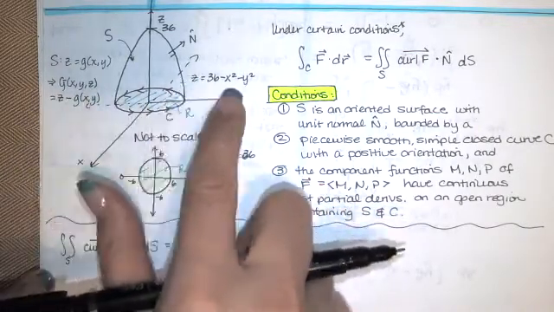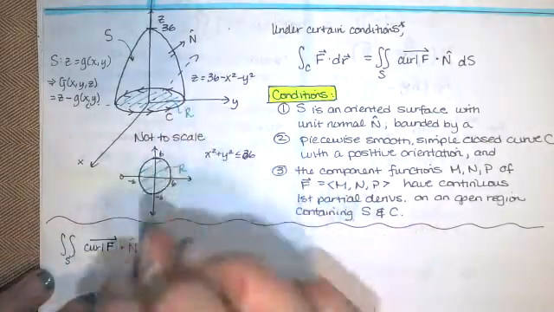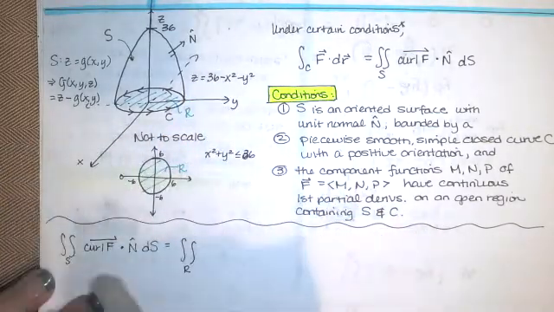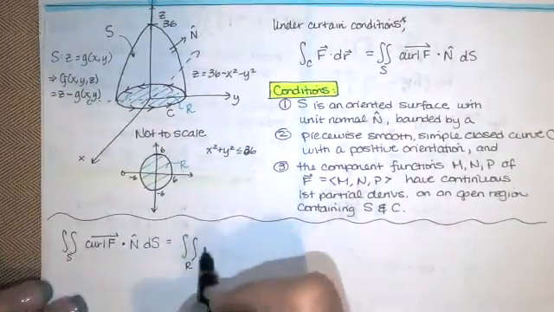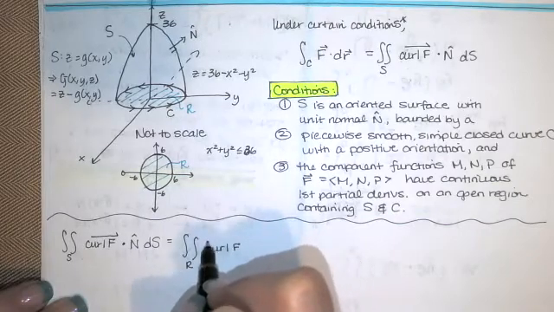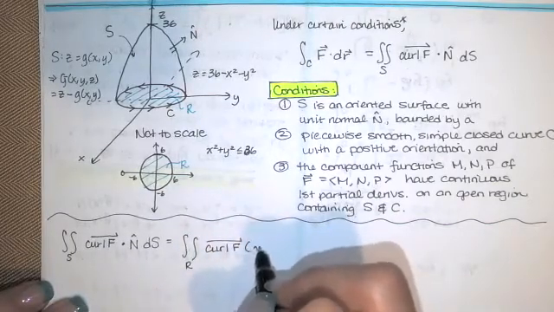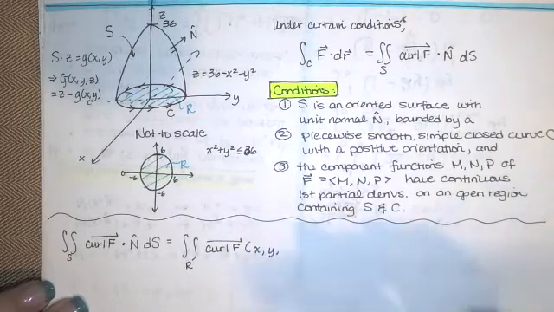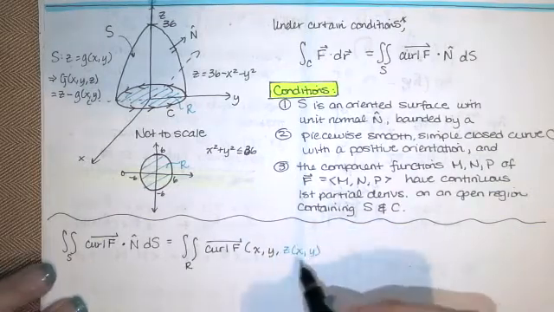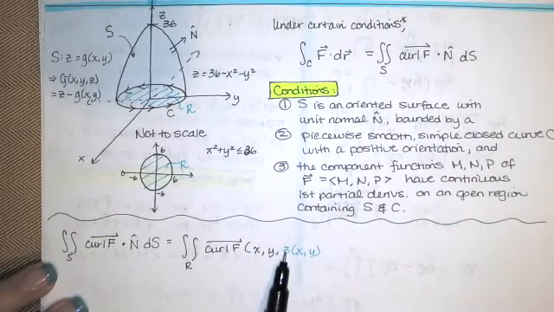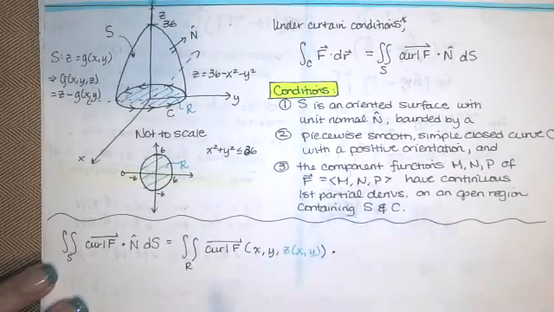So now we're thinking of this surface not as a function of two variables, but as a level surface of a function of three variables. In that case, in order to evaluate the surface integral, we will take the curl of f and write it in terms of x and y only. So we'll leave the x's alone, we'll leave the y's alone, and then we'll replace z with whatever z is in terms of x and y. I could have easily written g of x and y, but I'm just emphasizing that this is z as a function of x and y here. So I'm going to replace all of my z's with 36 minus x squared minus y squared. And then I want to dot that with n hat times dS.